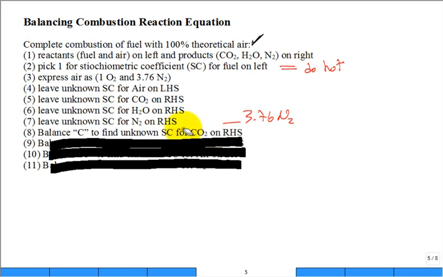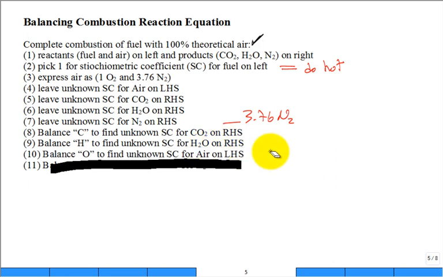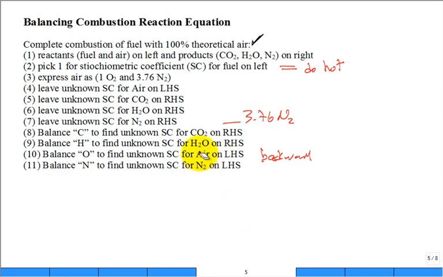Then, once you know where you need to find those stoichiometric coefficients, do a carbon balance to get the first one on the CO2. Then, hydrogen balance to find the coefficient in front of the water. Then, the oxygen balance working backwards, BACK, to do it in front of the air. And the very last, the nitrogen. Pretty easy?